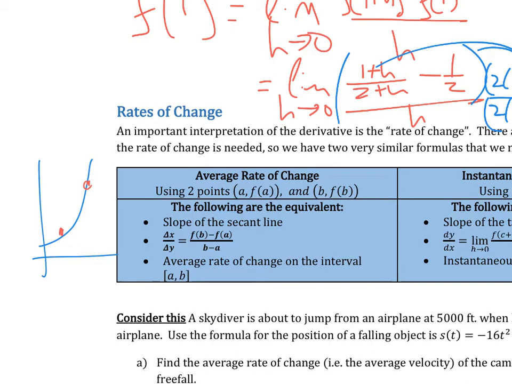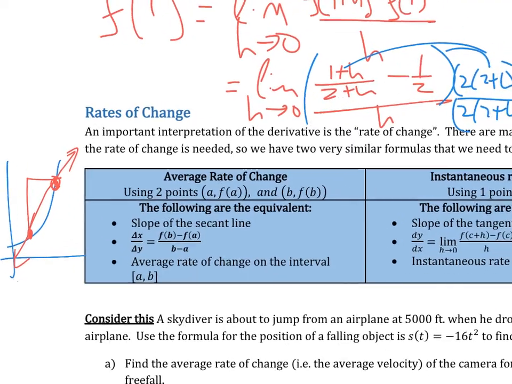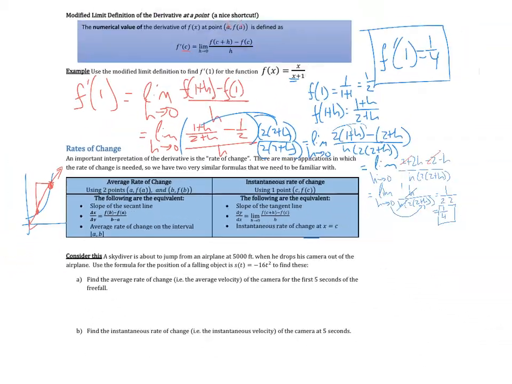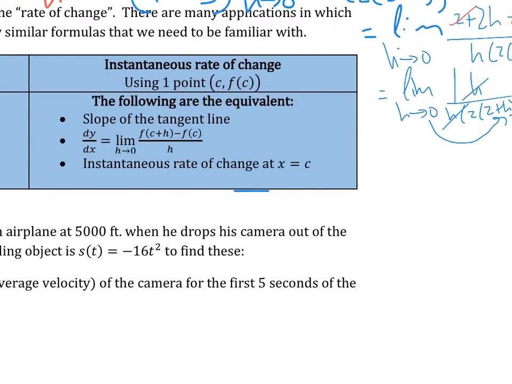So if we take 2 points and find the average rate of change, the slope, we're really just finding the rise and the run between those 2 points. And that is the slope, which we call the average rate of change on that interval. Now the instantaneous rate of change is what's happening at one point.